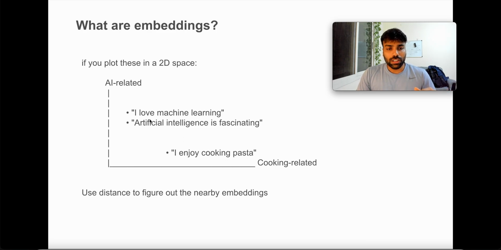The first two statements, "I love machine learning" and "artificial intelligence is fascinating," would have coordinates much closer to each other than "I enjoy cooking pasta," because they don't have much correlation. So embeddings give you the feasibility that if the text or images are similar, they will be close to each other. That's the idea of embeddings.